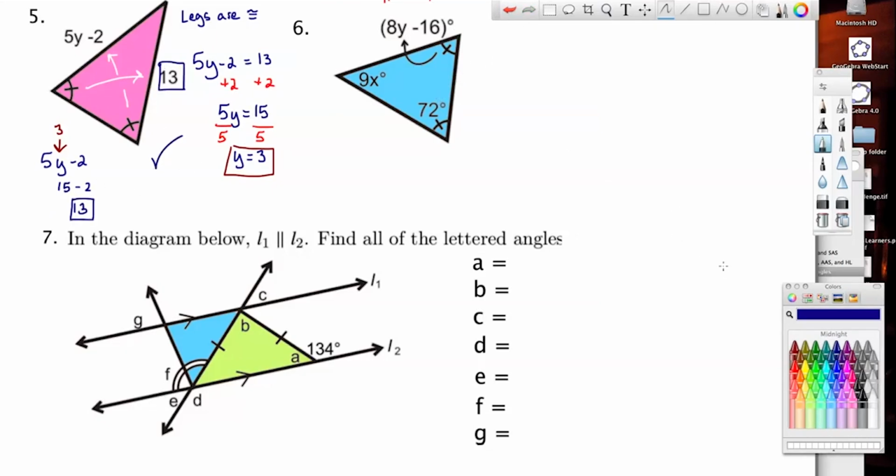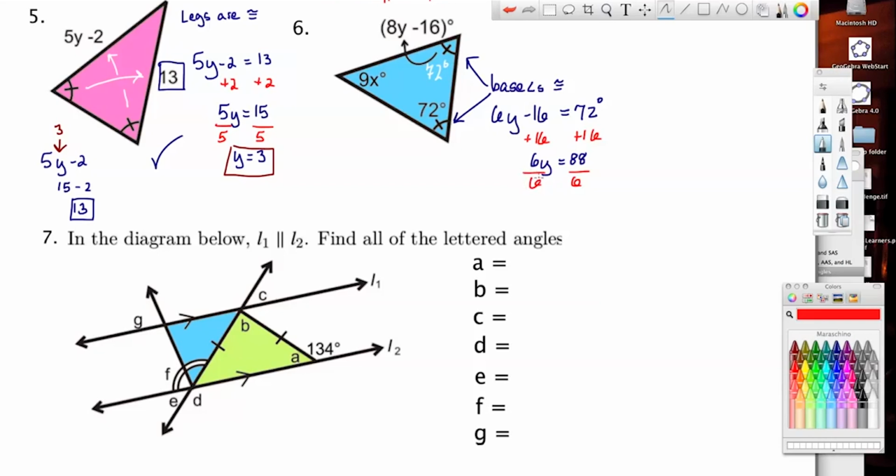Number 6, we're given all three interior angles of this triangle, but we have the base angles here congruent. So how about we write an equation to solve for y first, since we've got the base angles, and then we can get x.